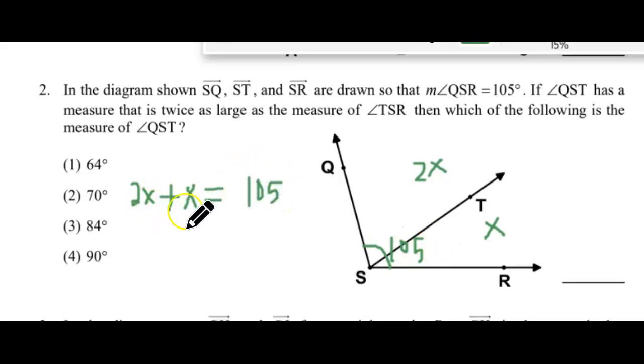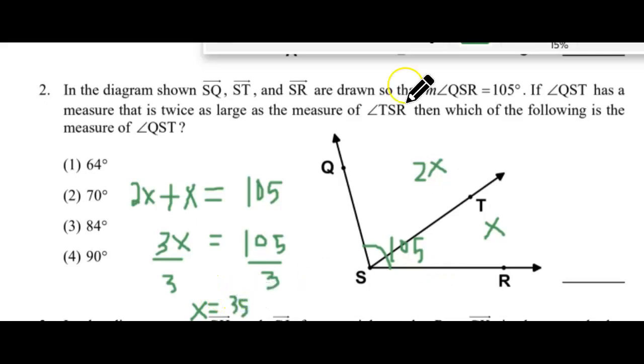Now we could make this 3x, correct? And this is 105. What's the next step? We divide both sides by 3. So now x is going to be what? 105 divided by 3 gives you 35 degrees.